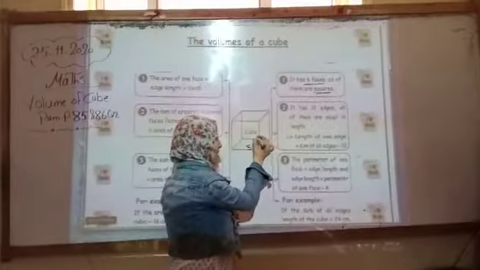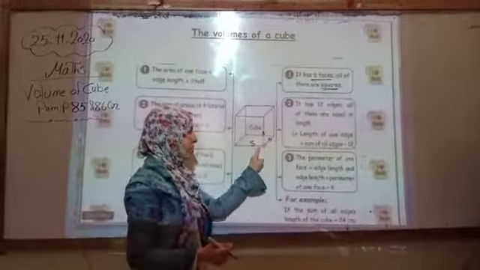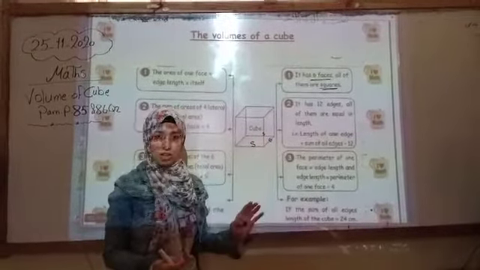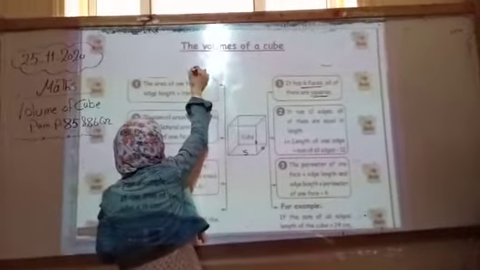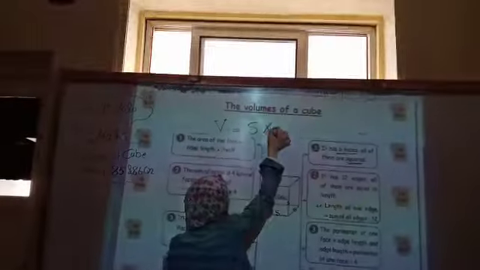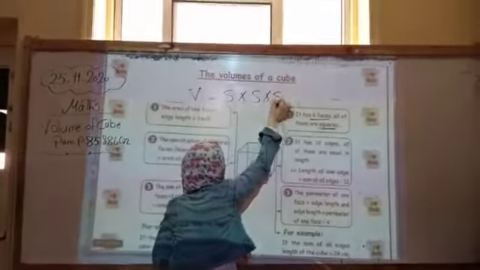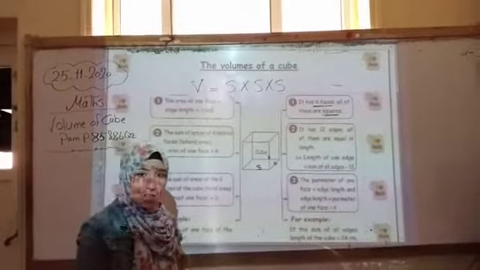Dimensions will be side, side, and side. All of the sides are equal. So volume of cube equals side by side by side.